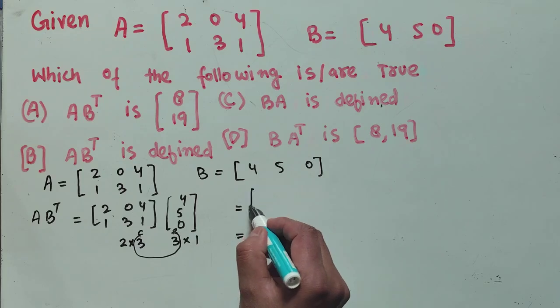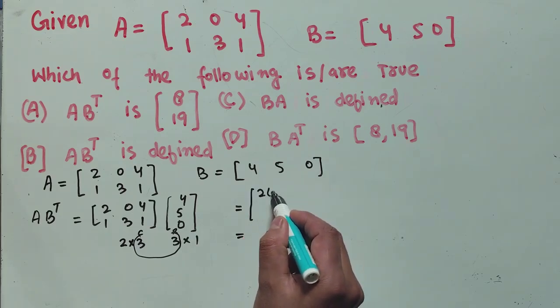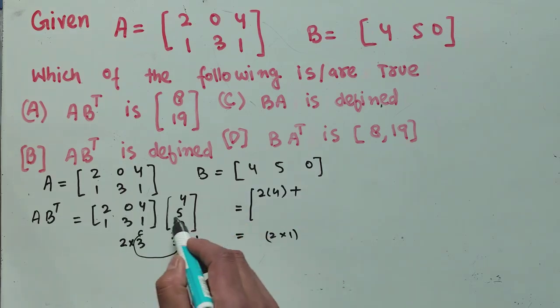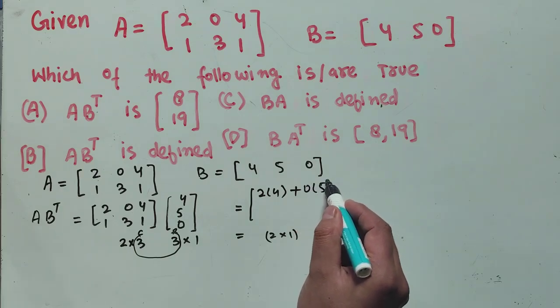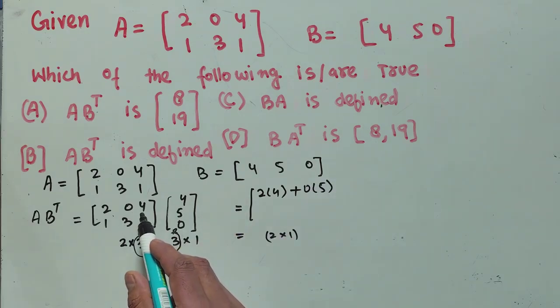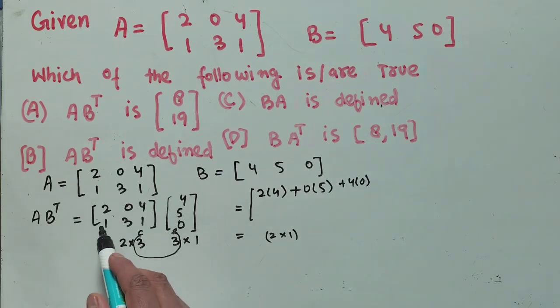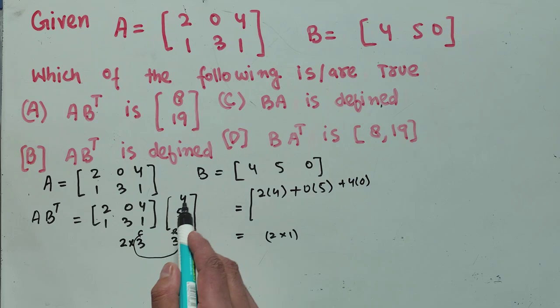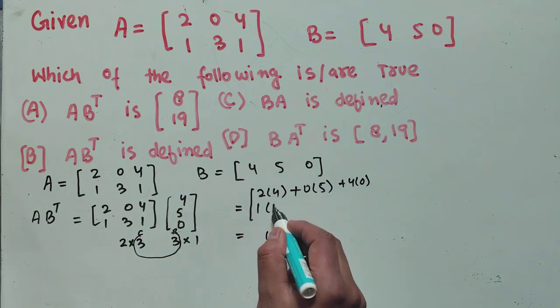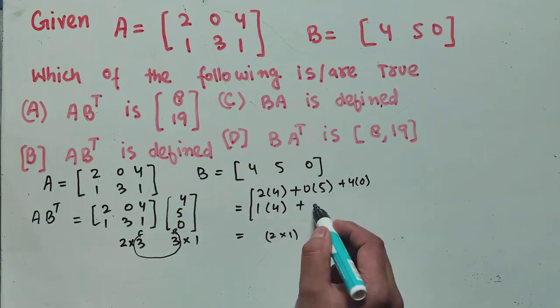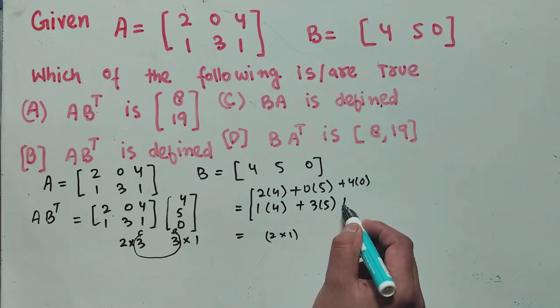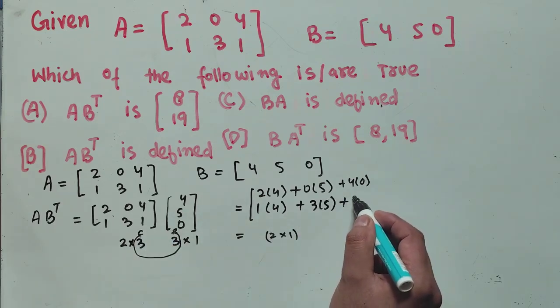So we get 2 into 4 plus 0 into 5 plus 4 into 0. Similarly, we multiply this row with this column. So we have 1 into 4 plus 3 into 5 plus 1 into 0.